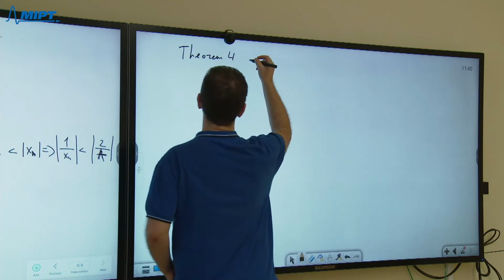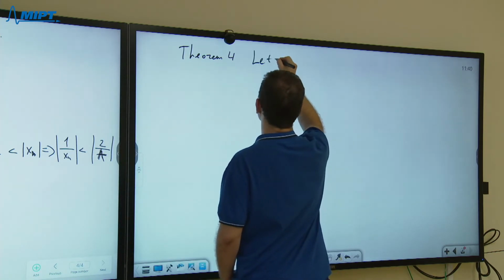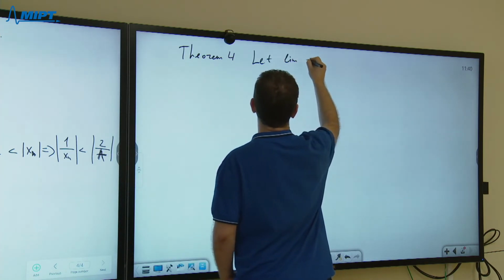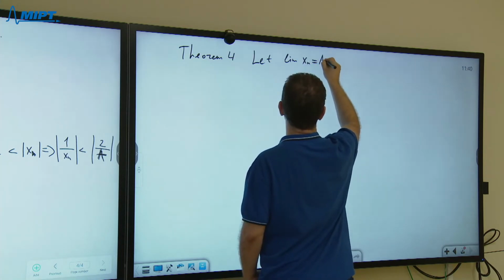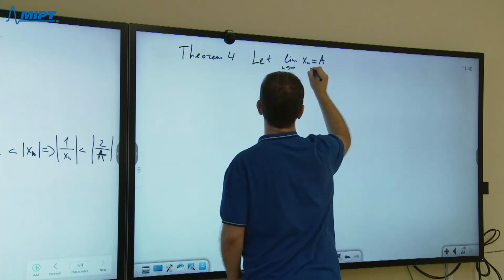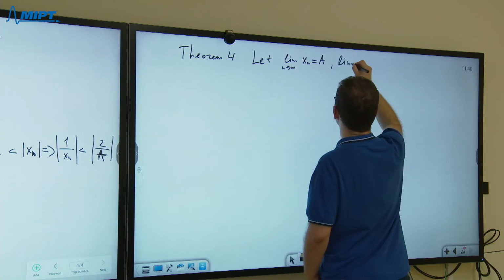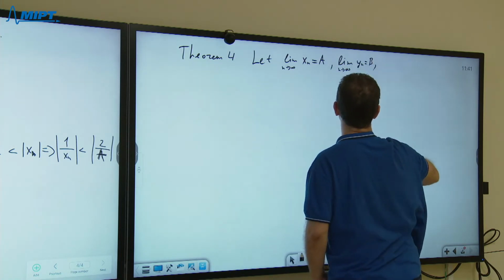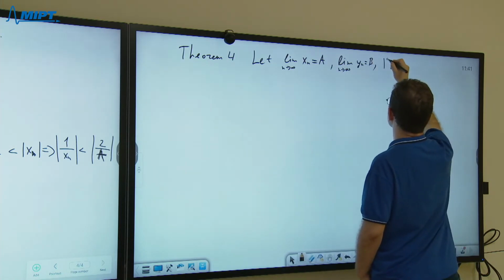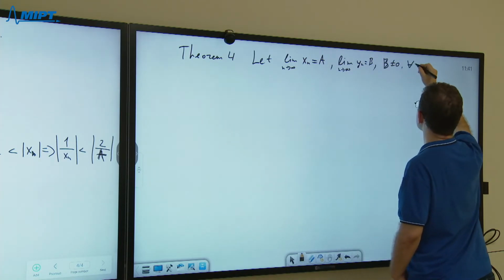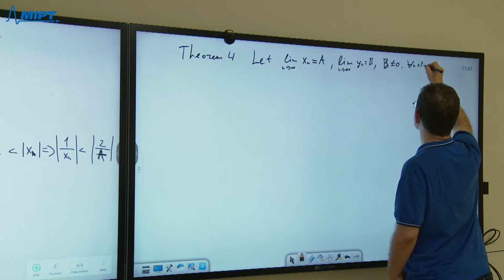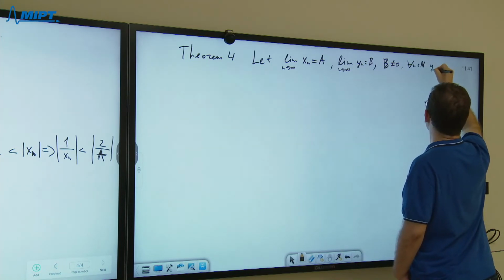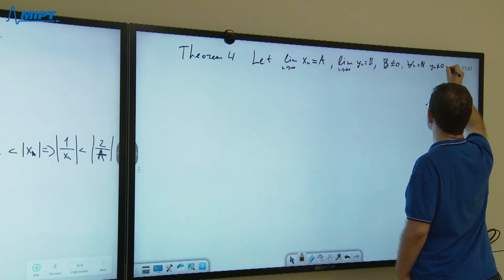Okay, theorem 4. Let xn tend to a, yn tend to b, also b not 0, and also yn not 0 for any n.